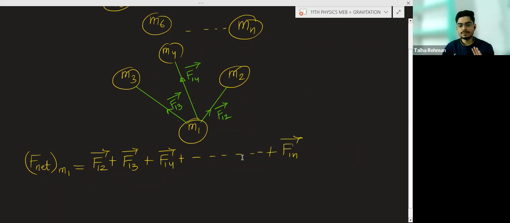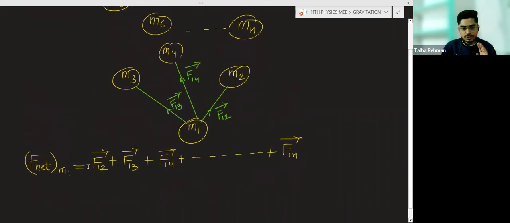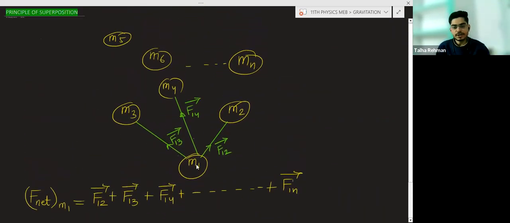So basically this is the principle of superposition in simple words. We are calculating the total force on mass m1 due to other individual masses, and we are doing the vector summation of those forces.